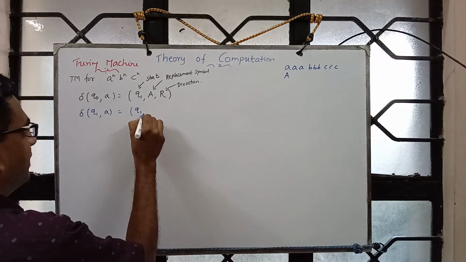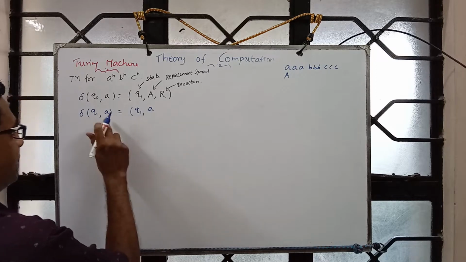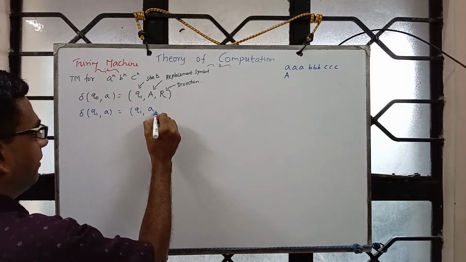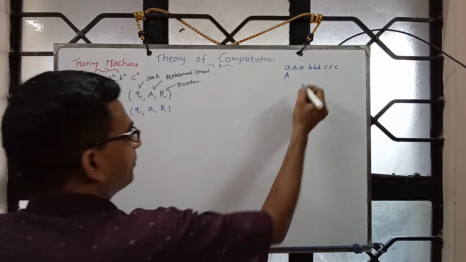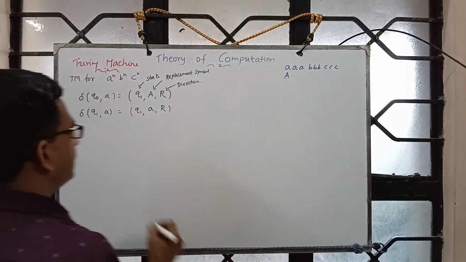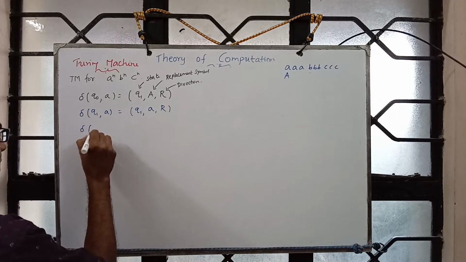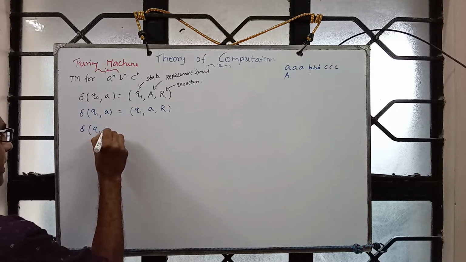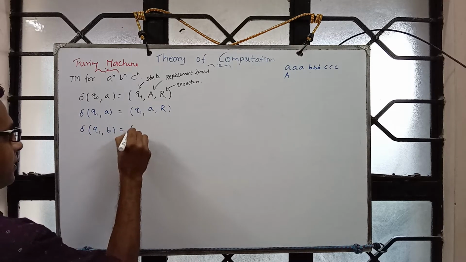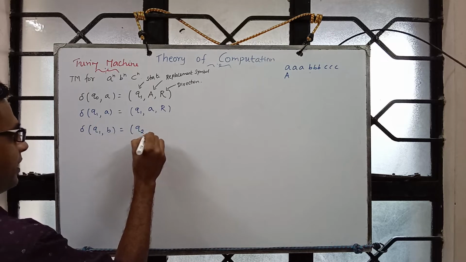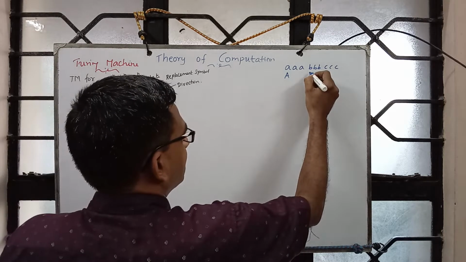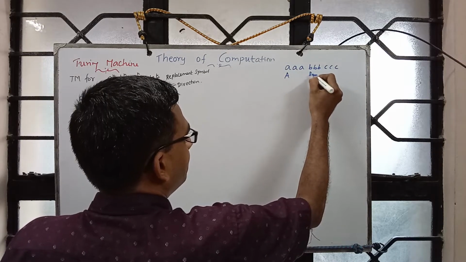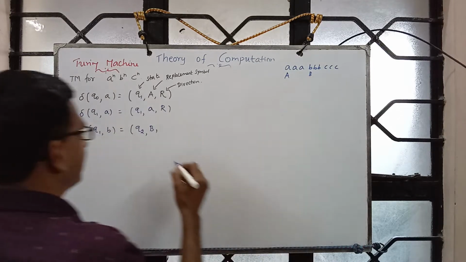So Q1 comma A, we do not change this A, so A remains A, direction is R. Now at some point in time, we will reach this, so which means delta of Q1 comma B is Q2 comma capital B. Now we change this to capital B and move right.